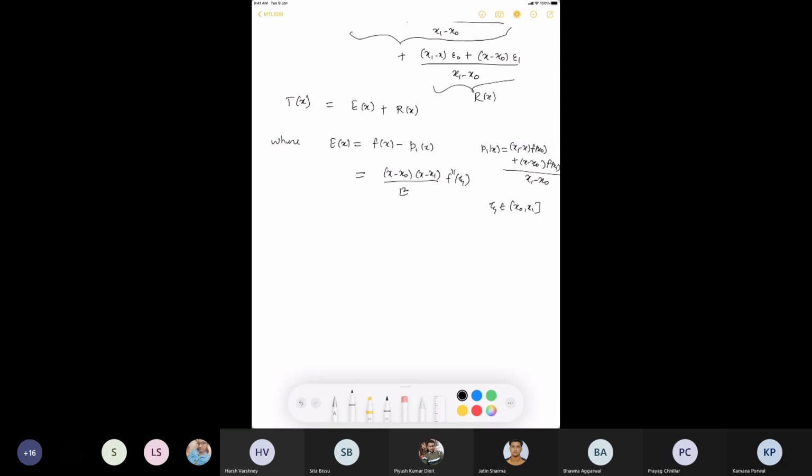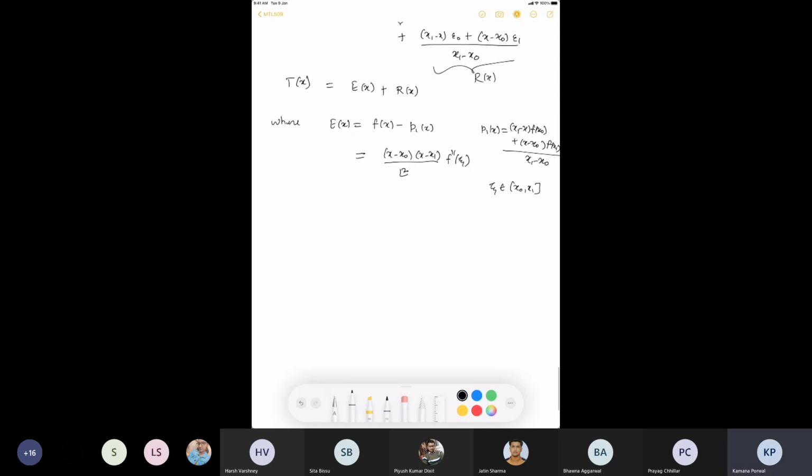Okay. So I can in fact find the upper bound on the Ex. We can find the maximum of Ex over this interval. So where will the maximum be attained? This is a quadratic polynomial, right? (x minus x naught) times (x minus x1). You can imagine a parabola.